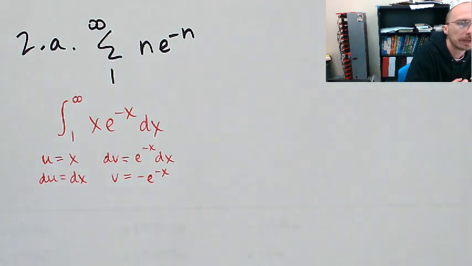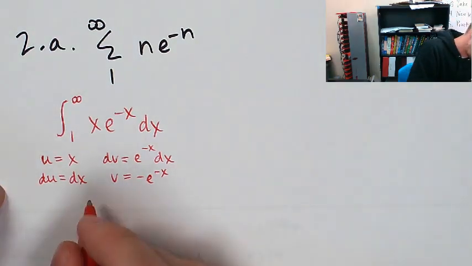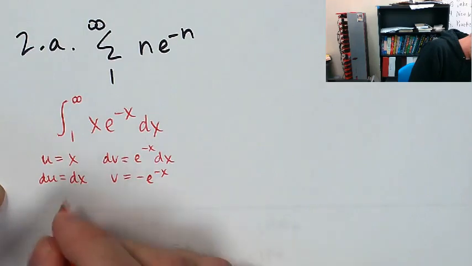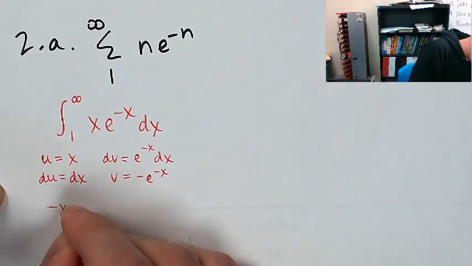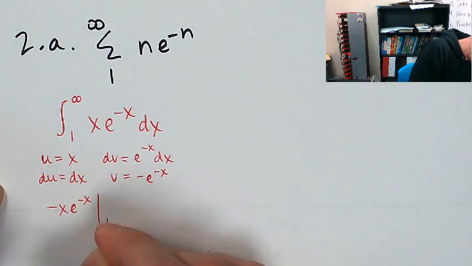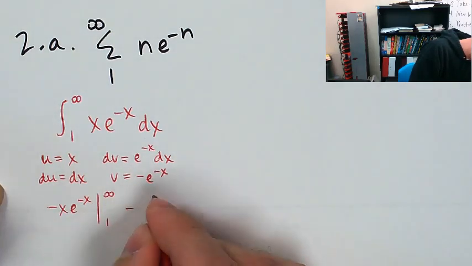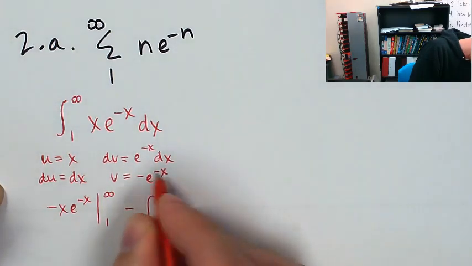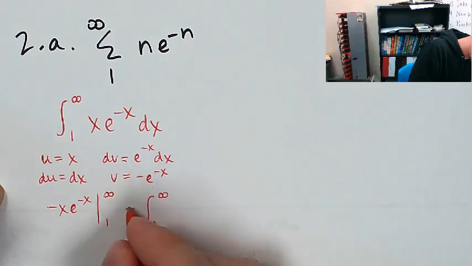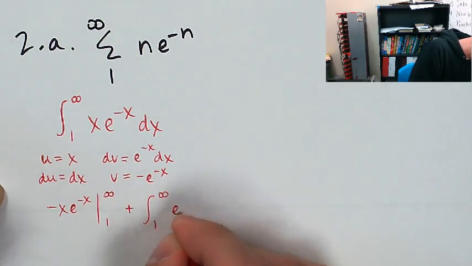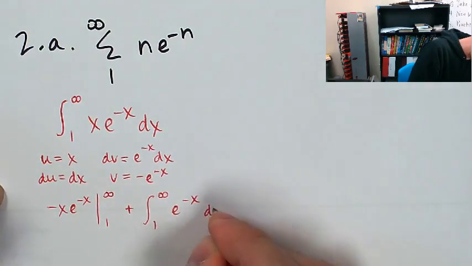Okay. And, all right, well, it's just going to equal uv, which is negative x e to the negative x. I'm going to have to evaluate that from 1 to infinity, minus the integral from 1 to infinity of v, make that a plus, e to the negative x, du is dx.